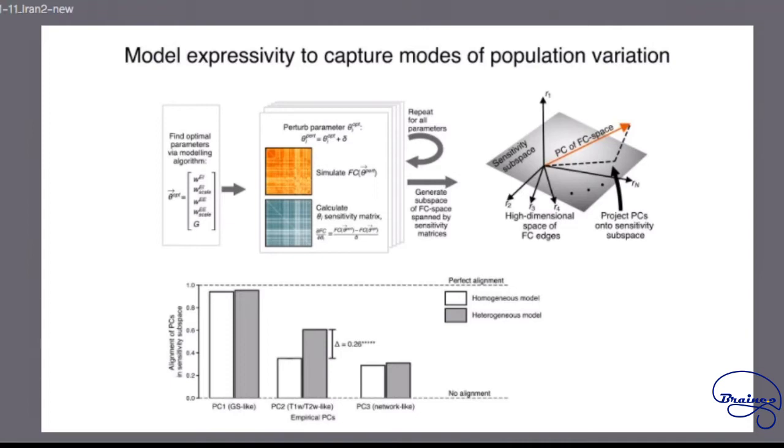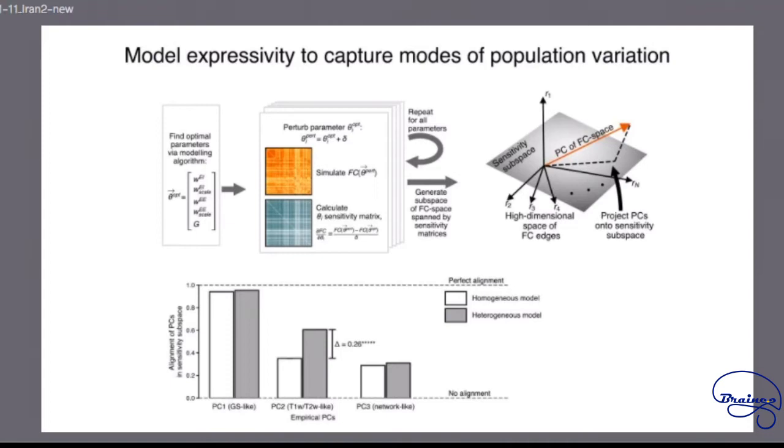What we see is that the first principal component, the one that looks like global signal, can be very well captured by both. Just the global coupling, the strength of connections across the nodes in the network, is enough to capture the first principal component of variation, which is good for the homogeneous model. But the second principal component is the one that we're much better able to capture with the heterogeneous model compared to the homogeneous model.